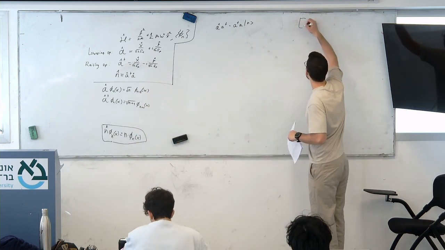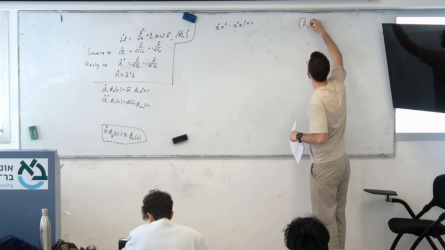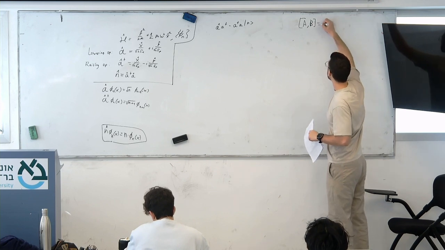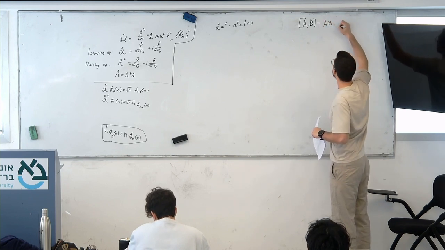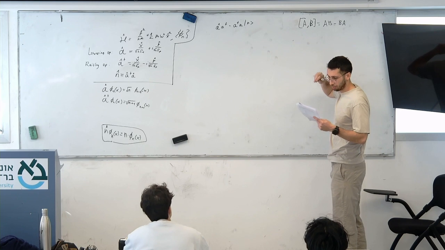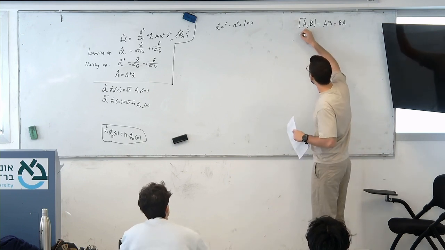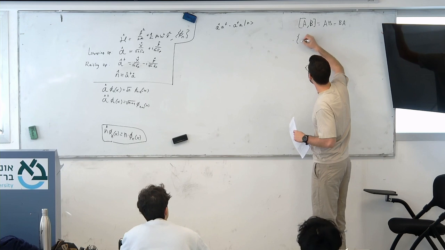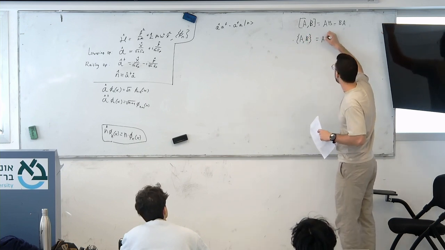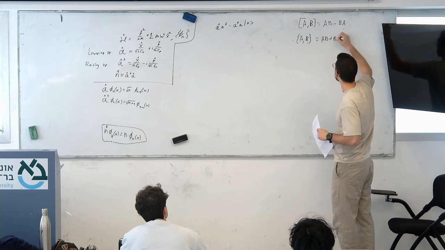When we have two operators A and B, we have a commutation relation, which is equal to AB minus BA. Minus or plus? Minus. Perfect. We can also have an anti-commutation relation, A comma B, which is equal to AB plus BA.